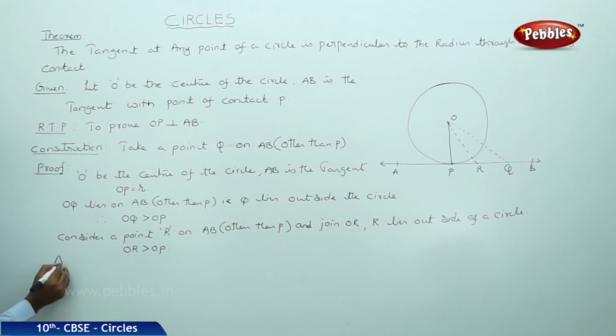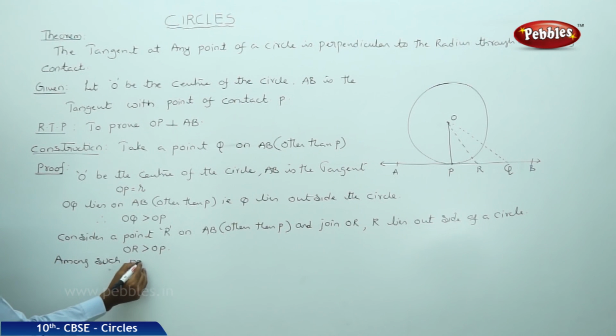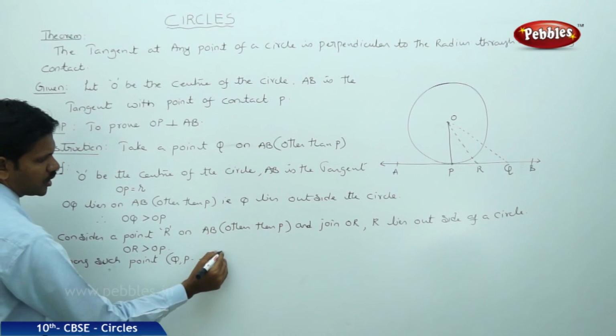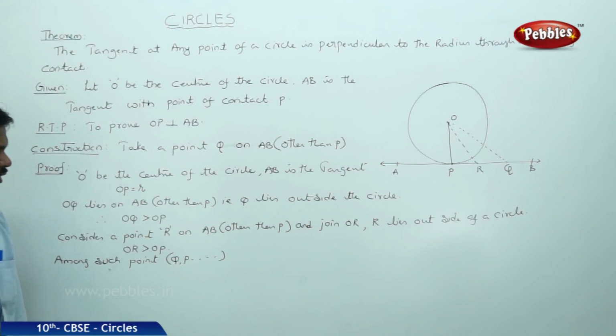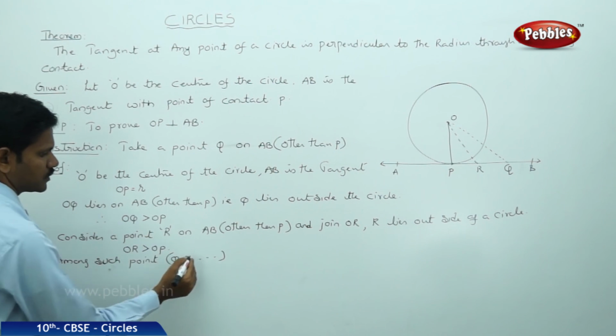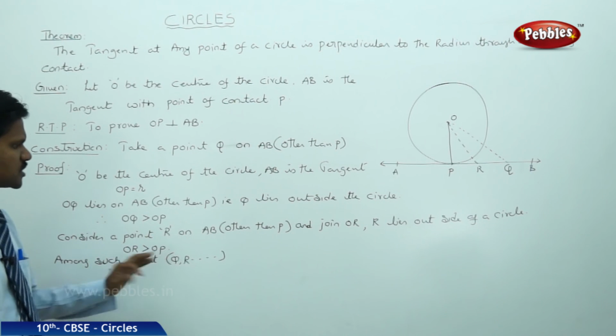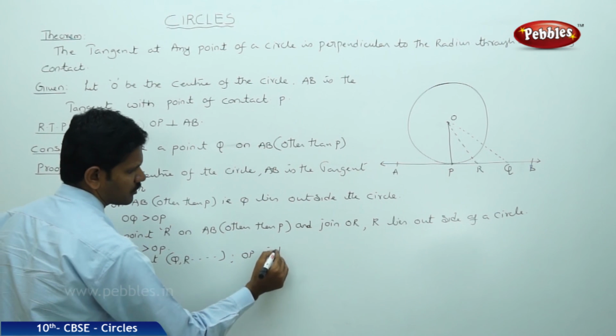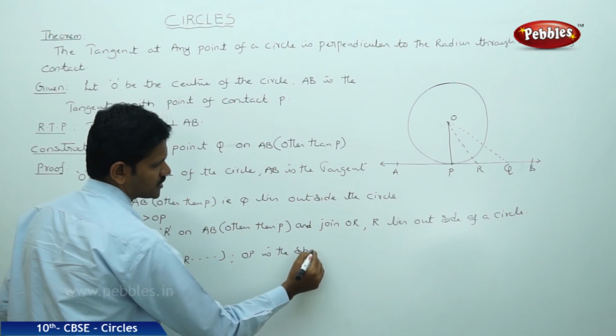Among such points, Q, R, S and so on, if you take all these points, OP is the shortest.